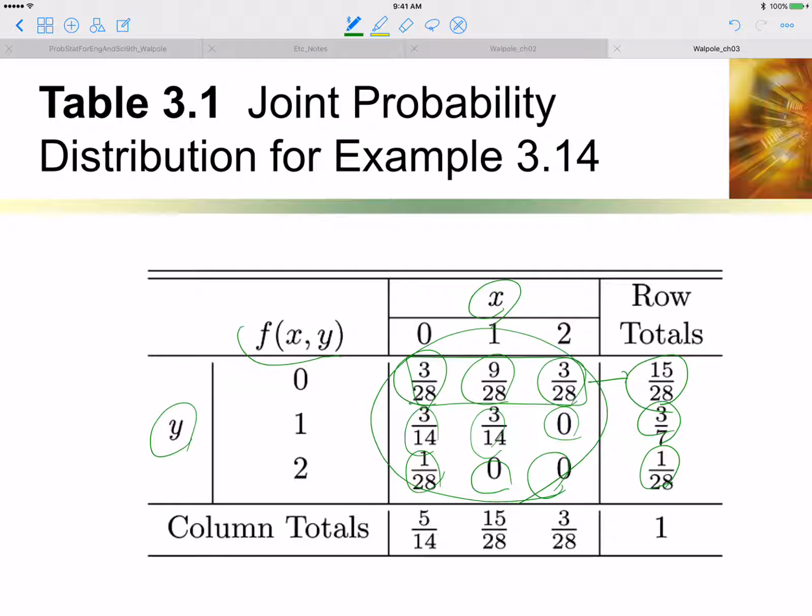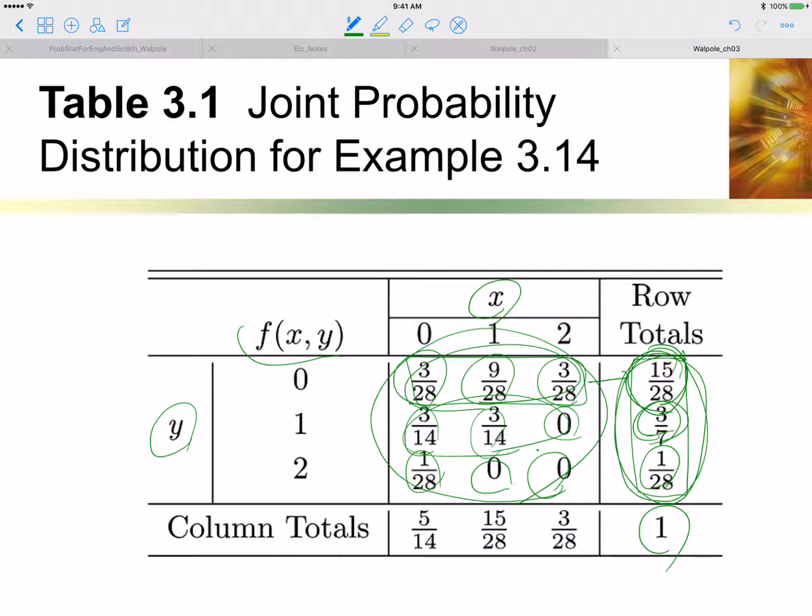Okay, so in this case, those values will also sum up to 1 because each of these 9 elements should sum up to 1. So these values are the summation of these 3 values, and these values are the summations of another set of 3 values. And so altogether, summing up these 3 values should always be 1.